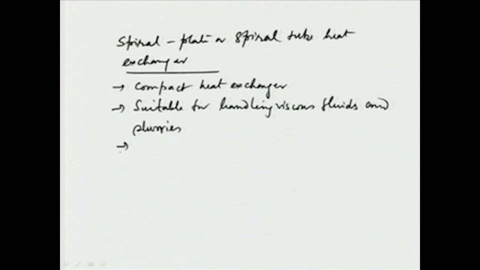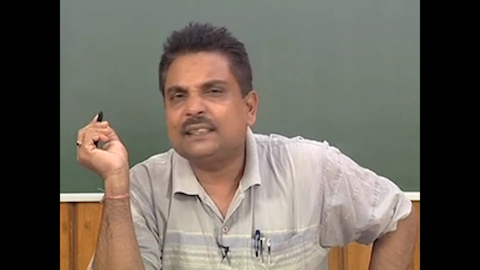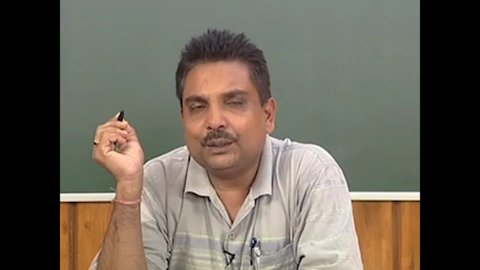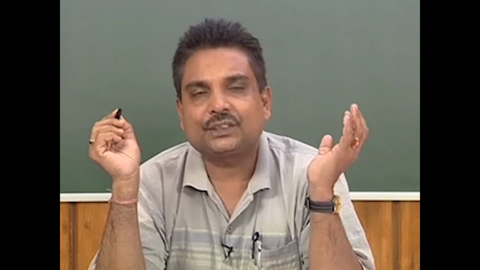Then it has a reduced fouling rate, fouling is less, and it can be cleaned easily. So we have to see the operational point of view also. Less fouling, easy cleaning and easy maintenance are basically operational ease. We also have to see the construction point of view.